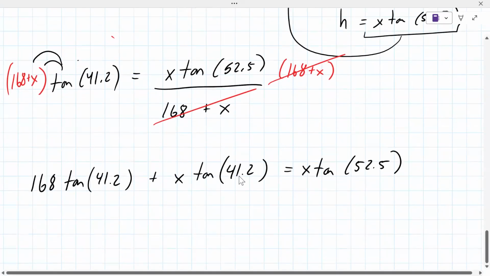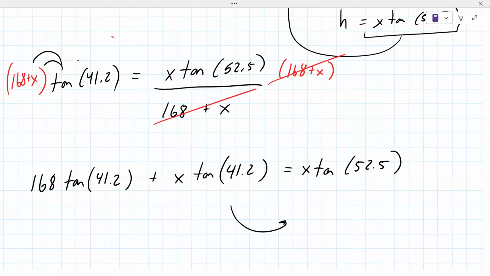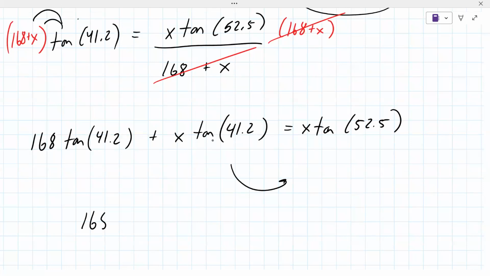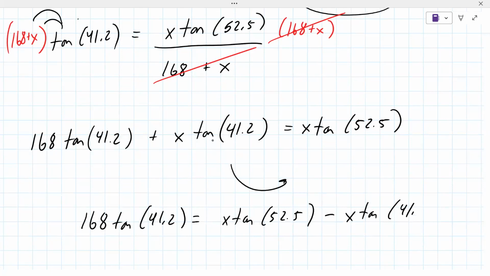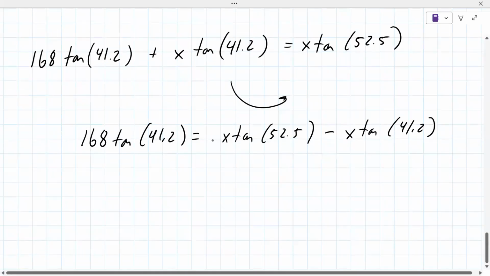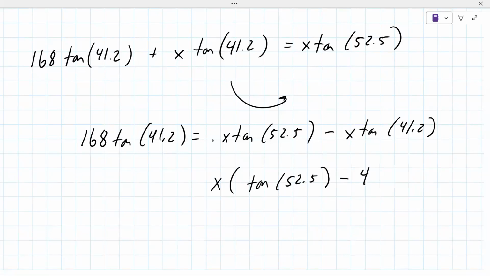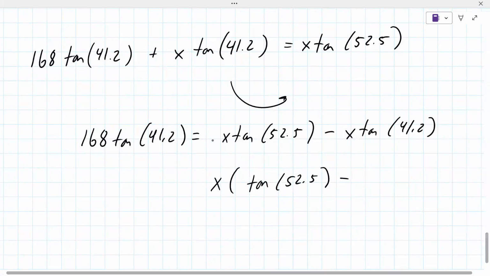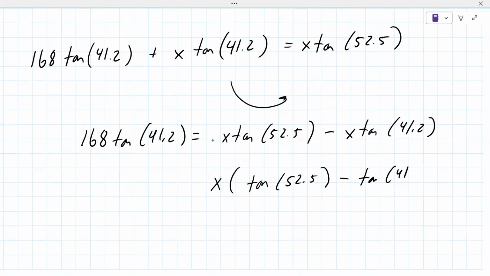You get your tangents on the same side. I'm going to move this one to the right. So you have 168 tangent 41.2 equals x tangent 52.5 minus x tangent 41.2. Factor out x from both.